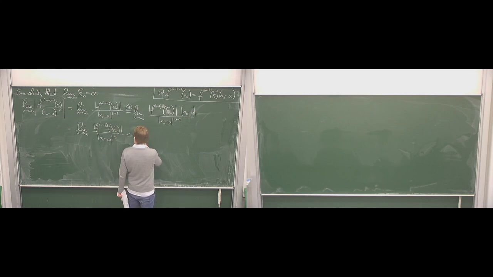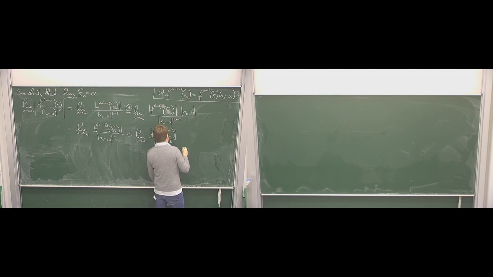So this is smaller than or equal to the limit of |f_{n-k}(psi_n)| divided by |psi_n - a| to the power of k.